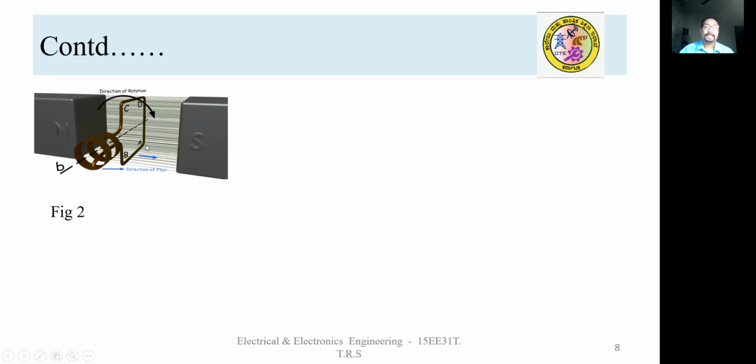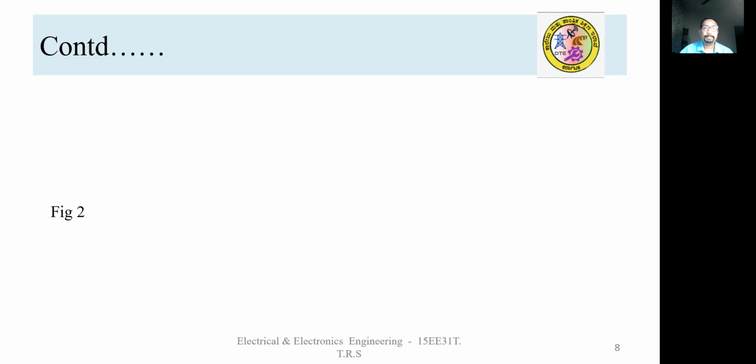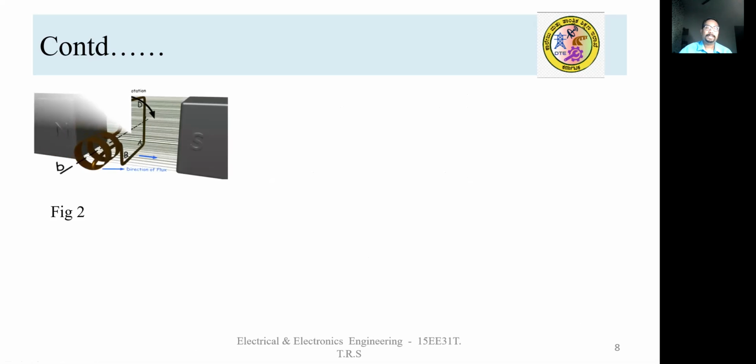Okay. Now in this position, initially the coil sides AB and CD move perpendicular, but then become parallel. That means what happens?